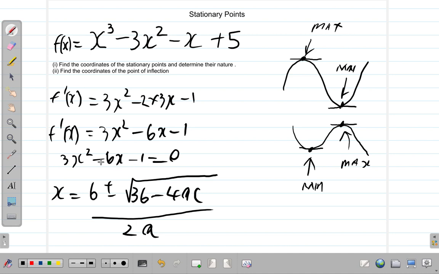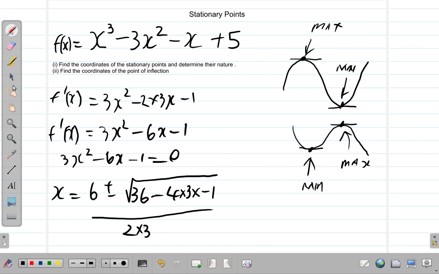Minus 4 times a, a is 3, times c, c is negative 1, over 2 times a, a is 3.